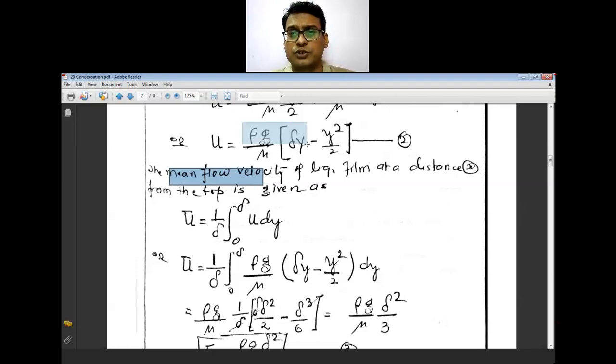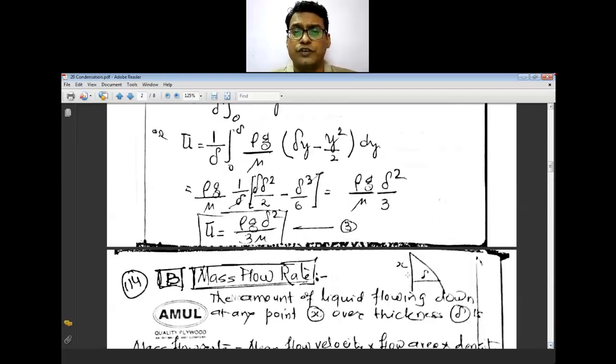So you substitute this u and integrate it, and you will get u bar equal to rho g delta square upon 3 mu. This is the velocity you will get.